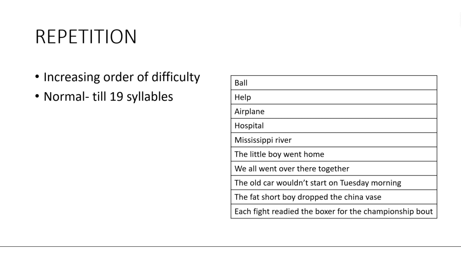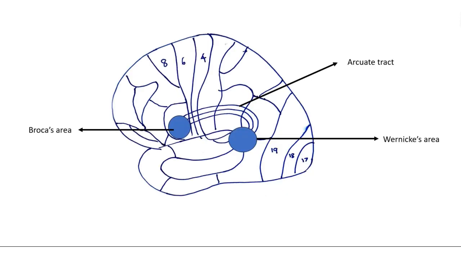Let's see how exactly this is testing the arcuate tract. We've already tested Wernicke's area function with comprehension, and Broca's area function with verbal fluency. Now let's say I ask this patient to repeat "ball." He hears this and there is not much comprehension to do. Wernicke's area is not being tested in repetition because he basically hears it and just has to repeat it. He's not comprehending or making sense of it.